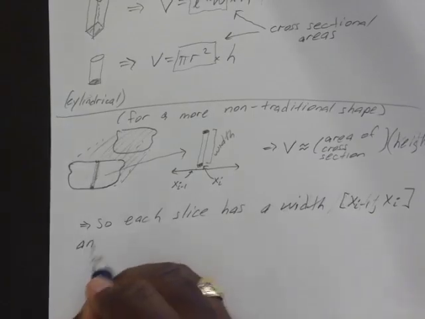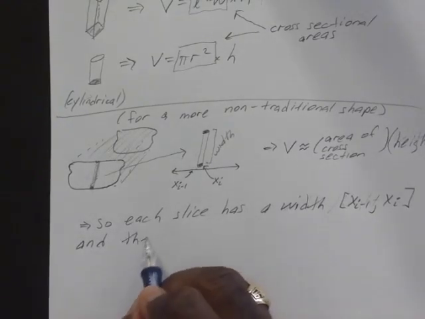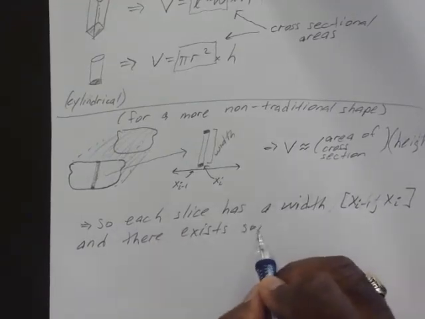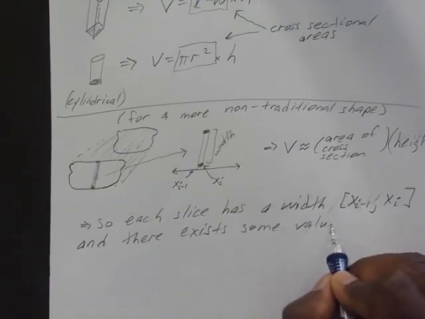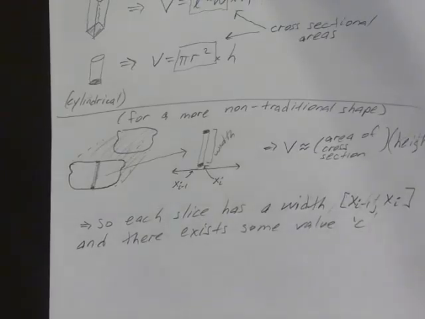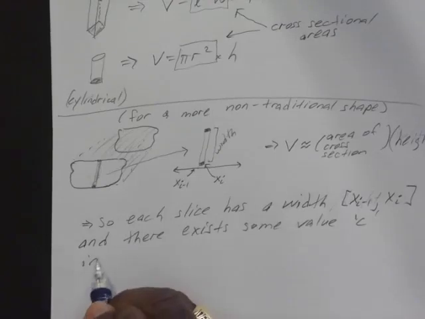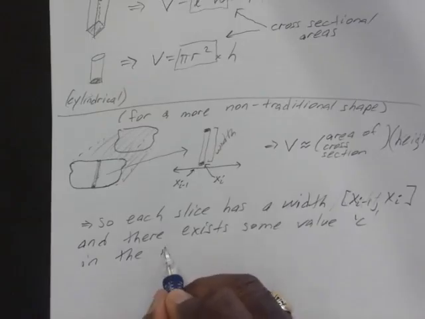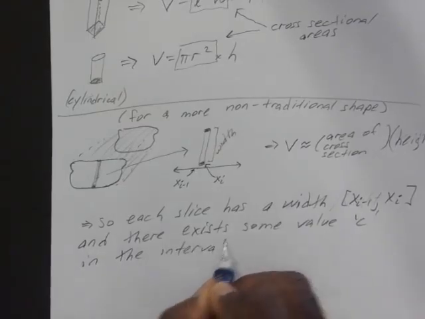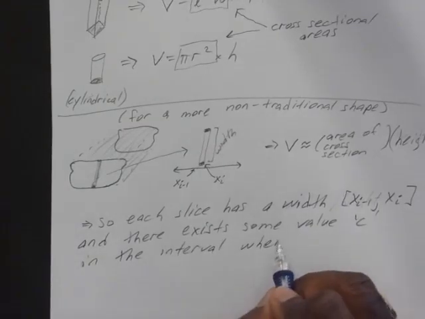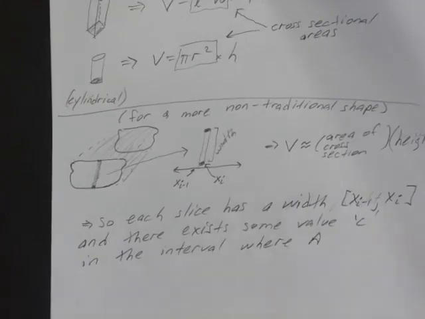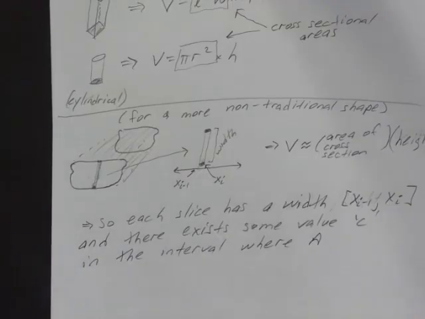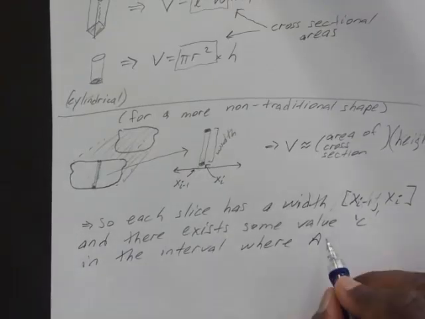Okay. And we also know there exists some value c in the interval of that area, where the area at that exact value is really close to the approximate area.